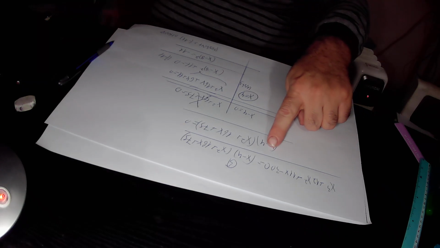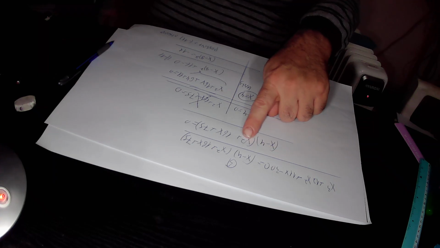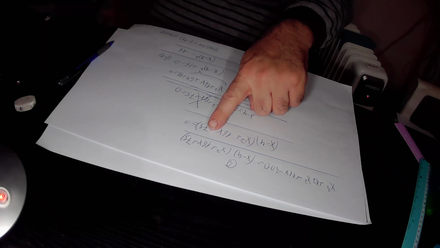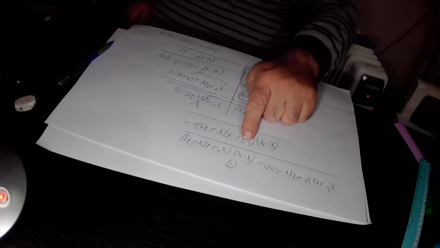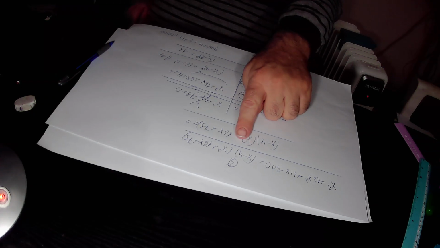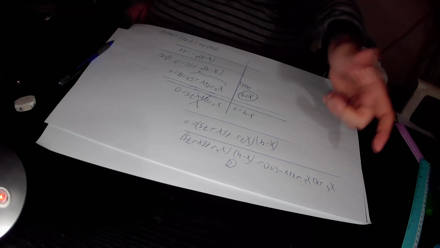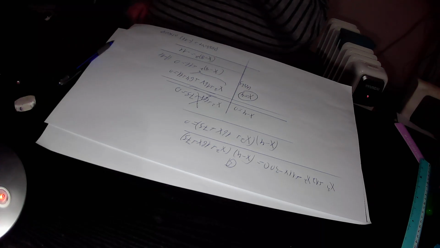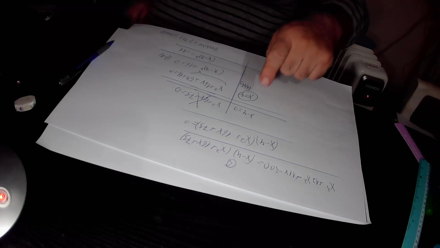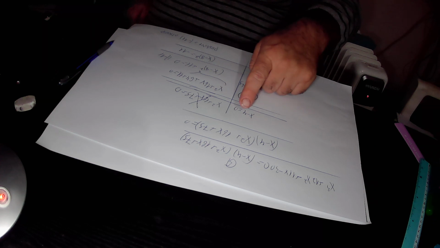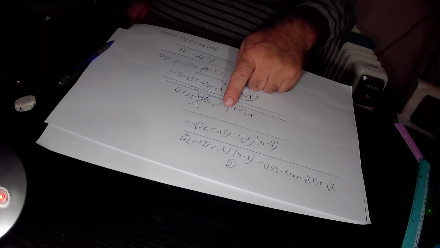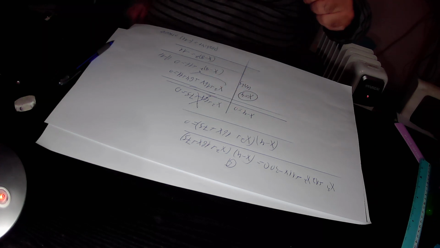But this expression is identical to x minus 4 times x squared plus 16x plus 75. If you just open the brackets, you'll find out that this expression is identical to this expression. So we have to check that if x minus 4 times x squared plus 16x plus 75 equals 0, it solves this equation.